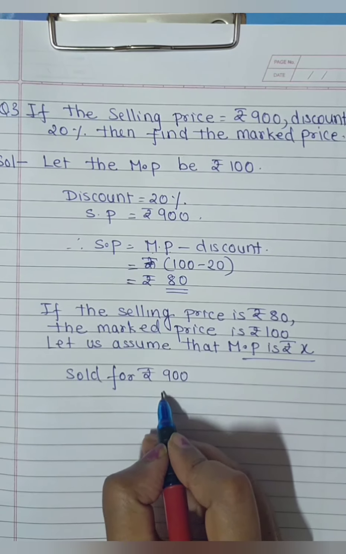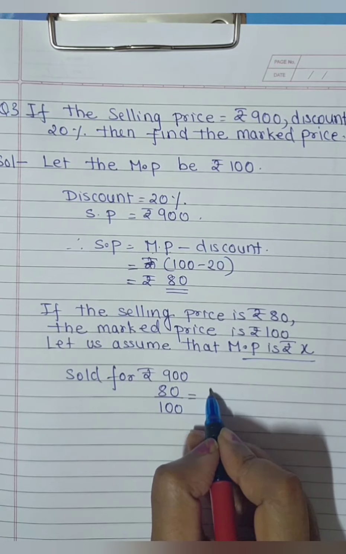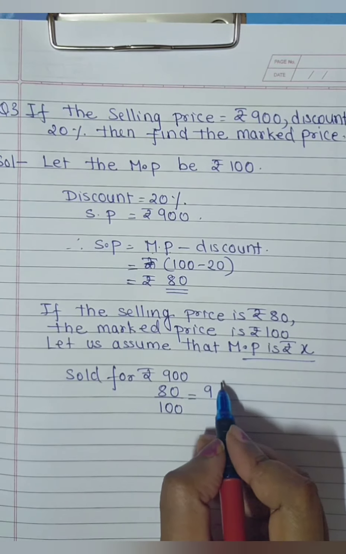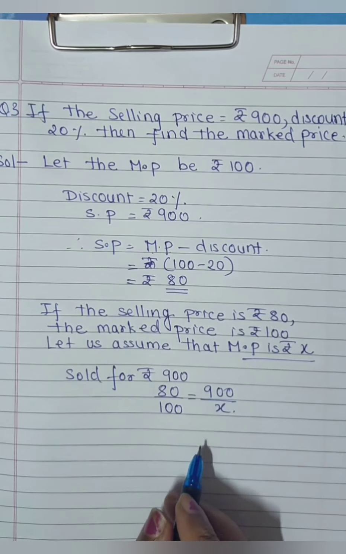So here we'll take 80 upon 100 equal to what is given, selling price 900 upon X.